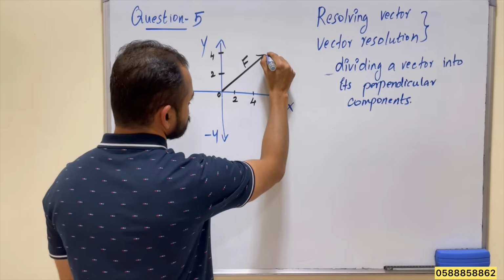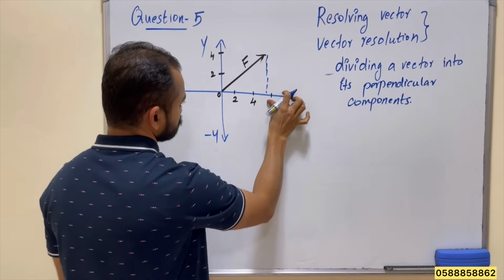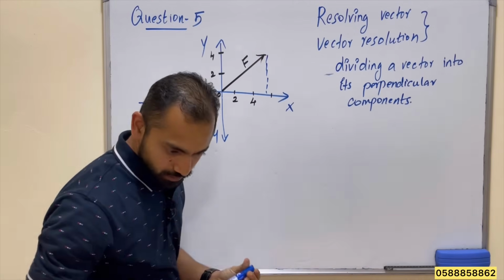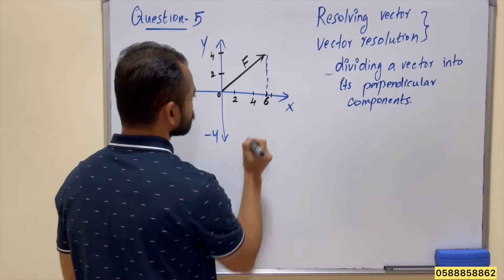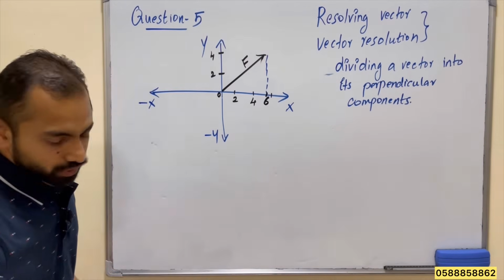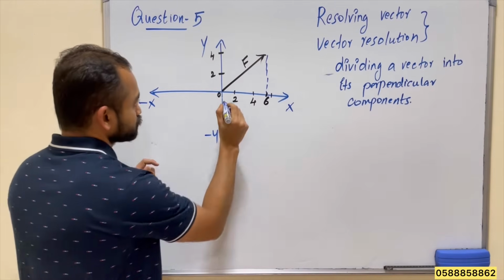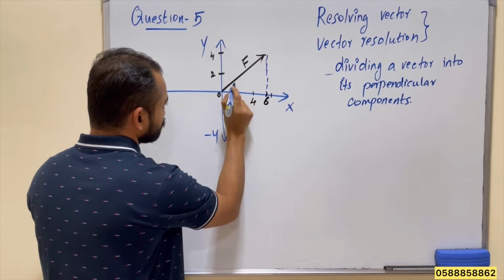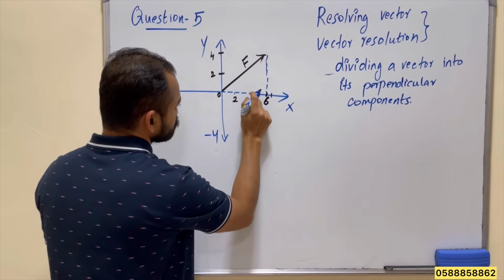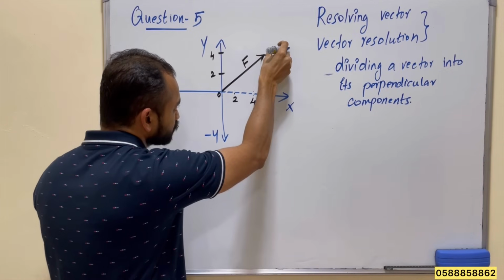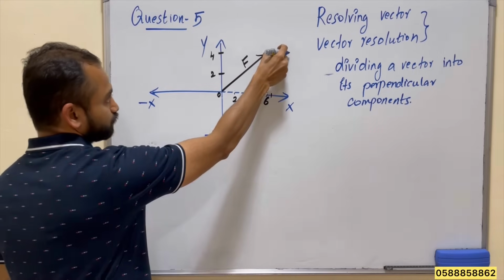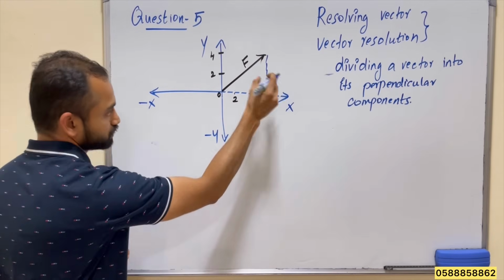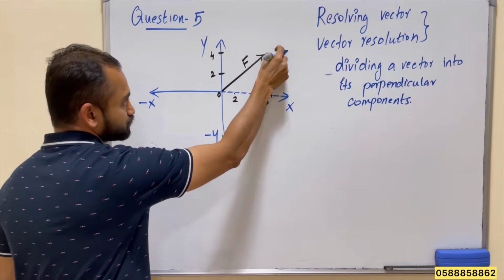So what is the x component of this? For example, I will draw 6 a little bit here. To know the x component, which will be along the x direction, from here go to the x-axis. So what is the x component?